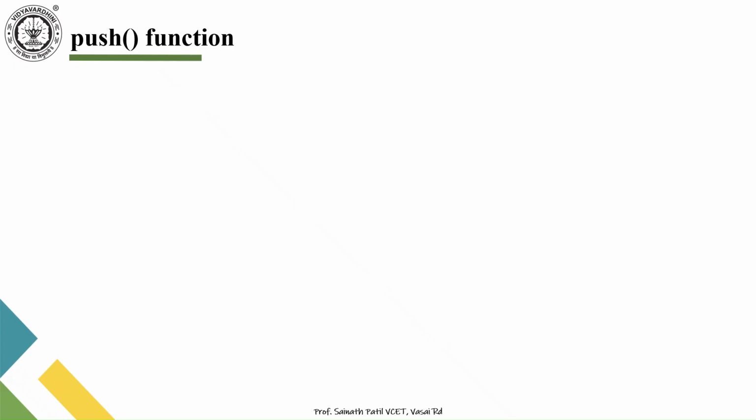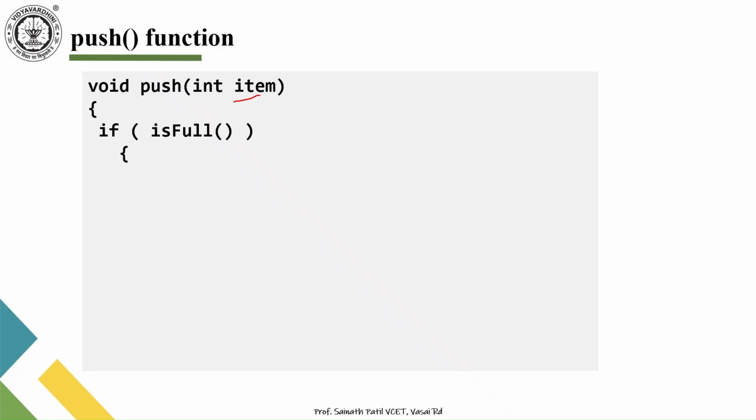So we can write the push function in C: void push, because void means we are not going to return anything. We simply have to push an item or value. So that is why the parameter passed to push is int item. So first of all, we check if it's full. We know that isFull, if stack is full, will return 1. So if it is 1, that means stack is full. So we produce an error, that is stack overflow or stack is full, and come out of the program.